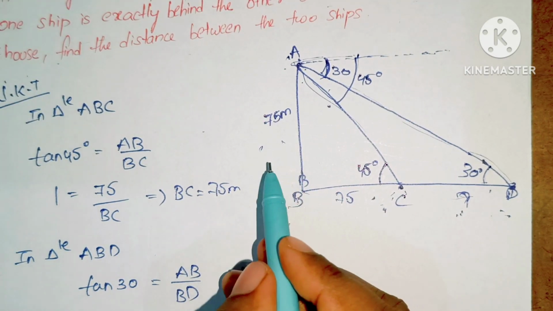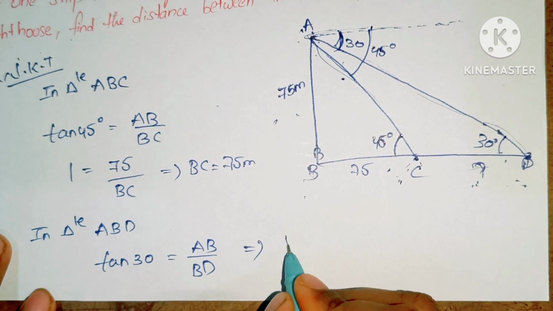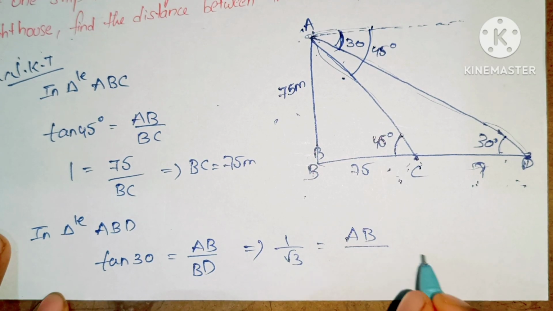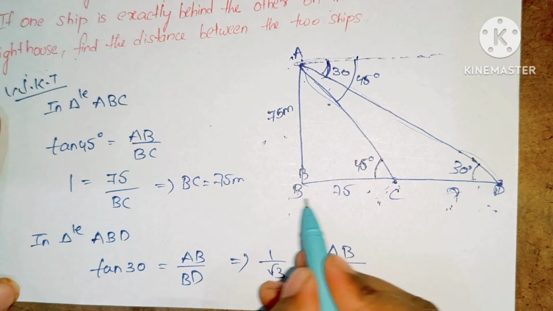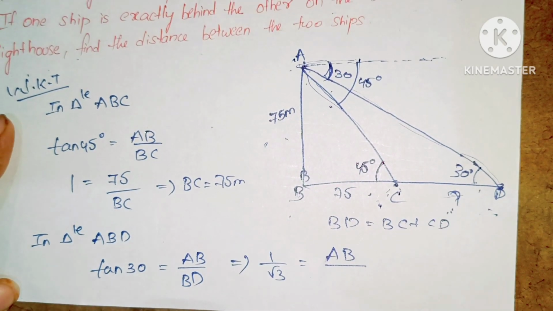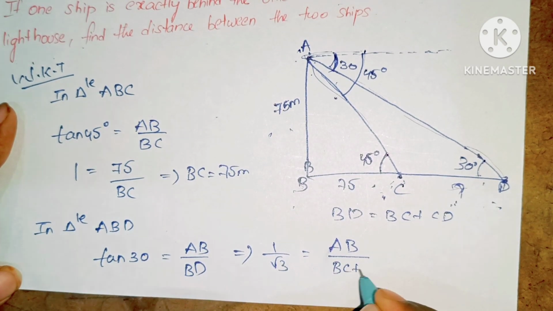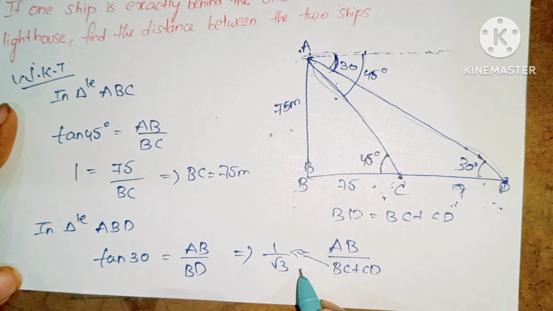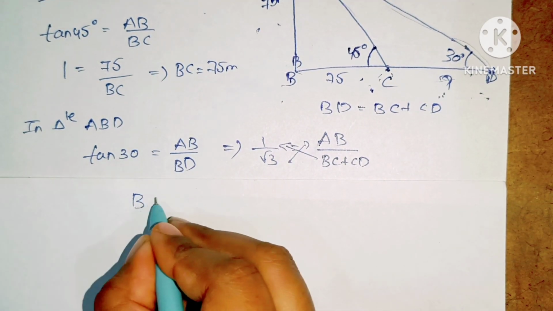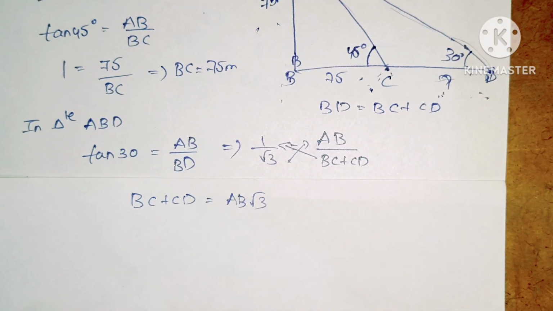The value of tan 30 is 1 by root 3, equal to AB by BD. Now BD equals BC plus CD, so substitute BD as BC plus CD. Now what will you do? Cross multiply. If you cross multiply, what will you get? BC plus CD equals AB root 3.